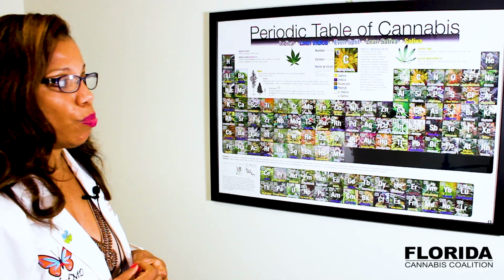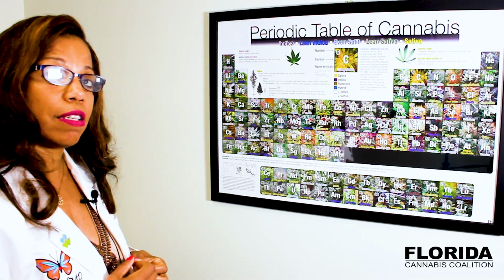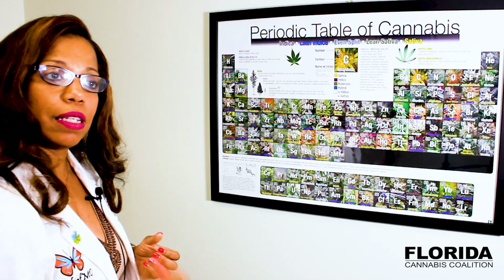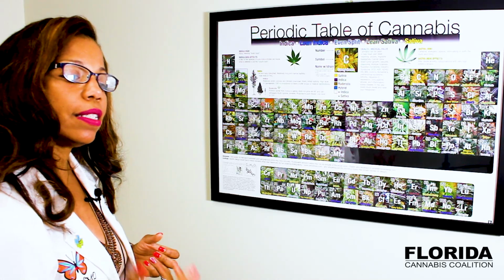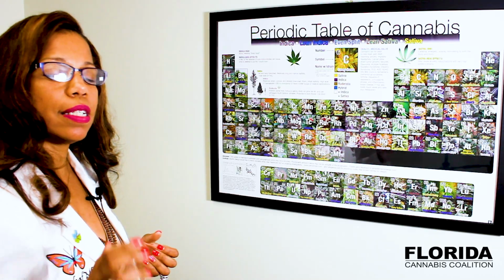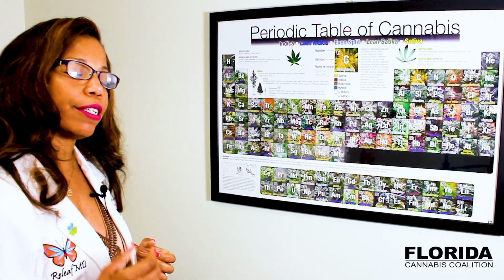Limonene is another terpene. Limonenes are going to be found a lot of times in sativas, which again is why you see limonenes in lemons and citrus plants. Lemons, the essential oil lemon and the terpene limonene is uplifting, it's cerebral, it's energetic.